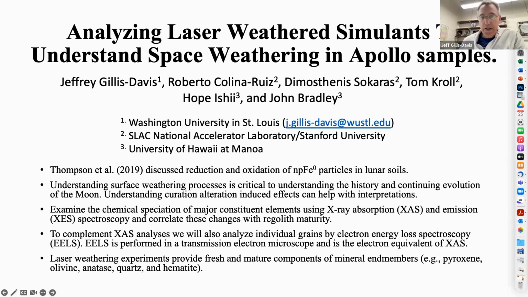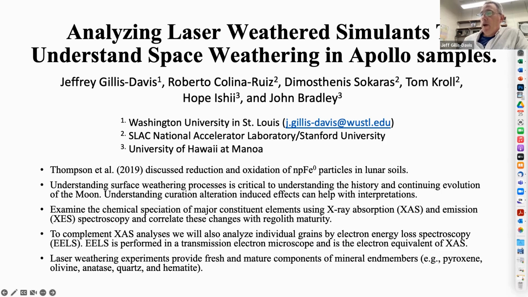When Michelle looked at her samples, without being able to conclusively know they haven't undergone any alteration during the last, at that point, 47 years of curation, we couldn't conclusively show whether the oxidation occurred on the moon or occurred in the lab. So looking at these ANXA samples allows us to have some insights into that.